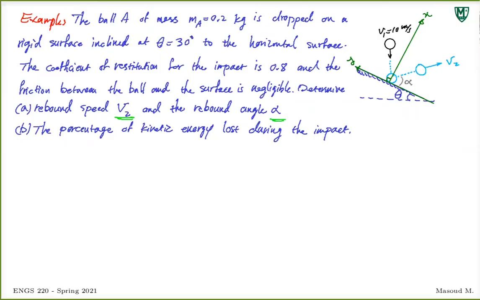The surface creates an angle of theta with the horizon, and then we are tasked to find the rebound speed, or V2, the velocity after the impact, and the angle it creates with this inclined surface.